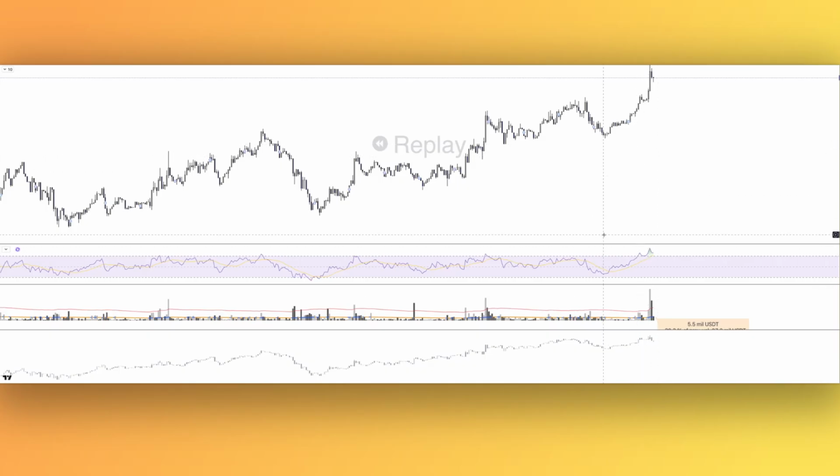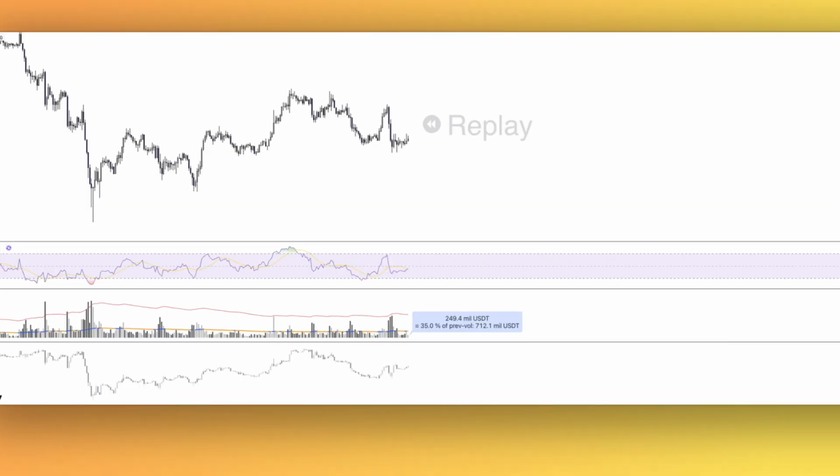This is a very, very efficient way to trade around specific levels, especially when we want to see how price reacts around these levels, and when we plan on, in this case, trading successful breakouts.